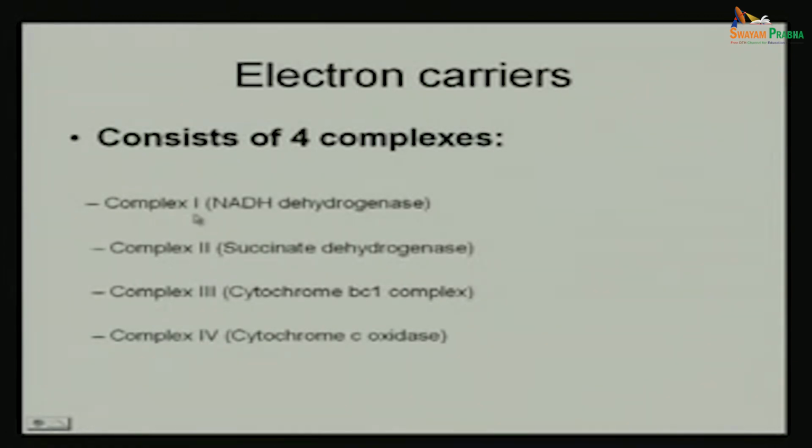Complex 1 is NADH dehydrogenase, complex 2 is succinate dehydrogenase, complex 3 is the cytochrome BC1 complex and complex 4 is cytochrome C oxidase. Now, let us come one by one to each of these complexes which help in the electron transport chain.